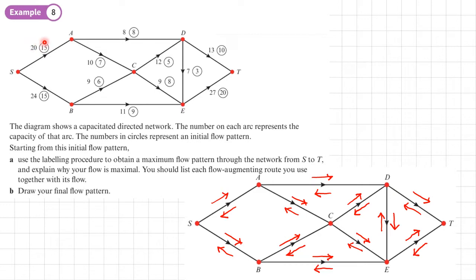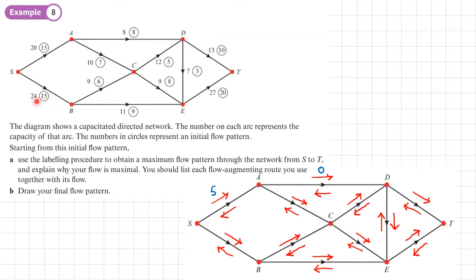So for example, this one here can be increased by 5, so we do the capacity minus the flow, so that can be increased by 5. This arc here, capacity minus the flow is 0, which means that arc is saturated, we can't increase the flow there. Let's go to this arc here.